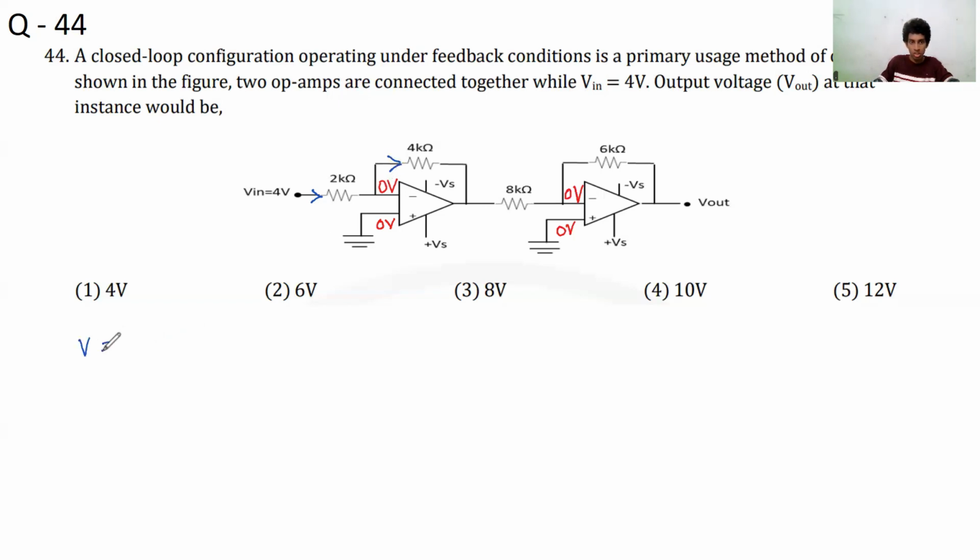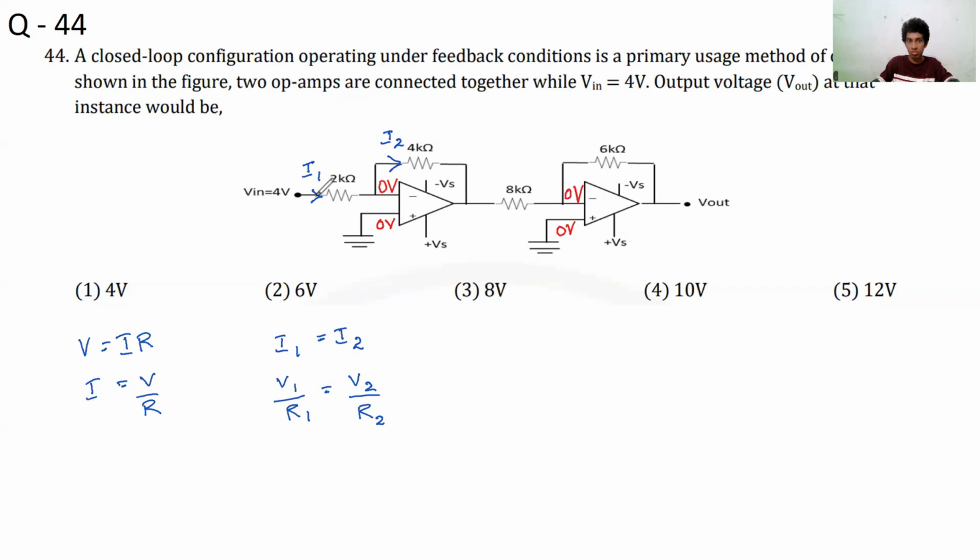And you know V is equal to IR and therefore I is equal to V over R. So let's take these two currents as I1 and I2. Therefore I1 is equal to I2. So therefore, V1 over R1 is equal to V2 over R2. That means the voltage difference across the 2 kilo ohm resistor divided by its resistance is equal to the voltage across the 4 kilo ohm resistor divided by its resistance.